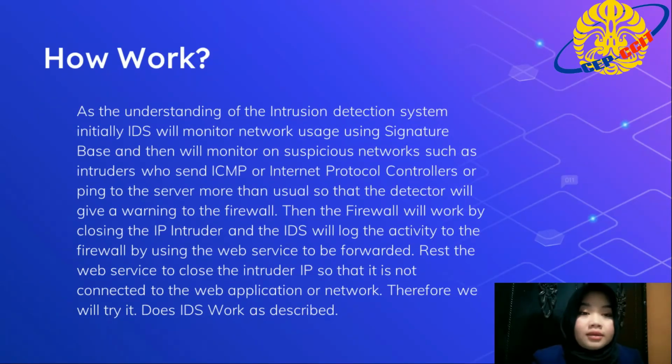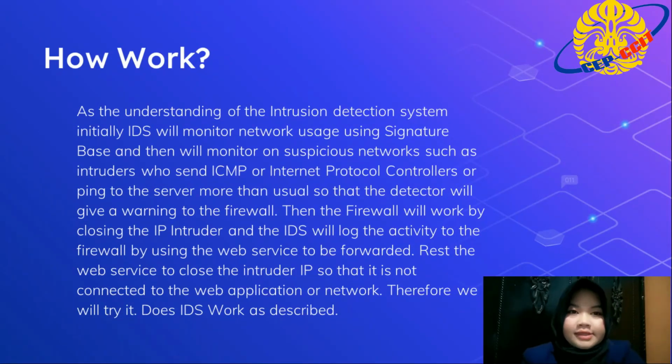So the detector will give a warning to the firewall. Then the firewall will close the IP of the intruder and the IDS will record the activity to the firewall by using the web service that will be forwarded, and REST to close the IP of the intruder so it is not connected to the web application or the network.